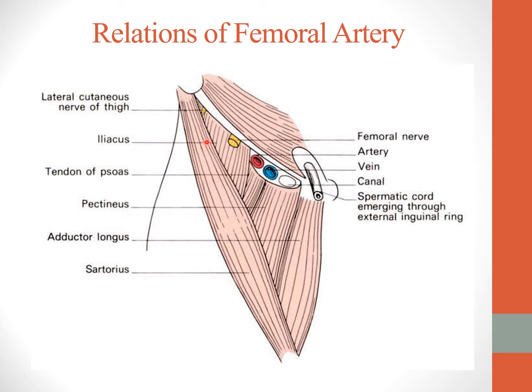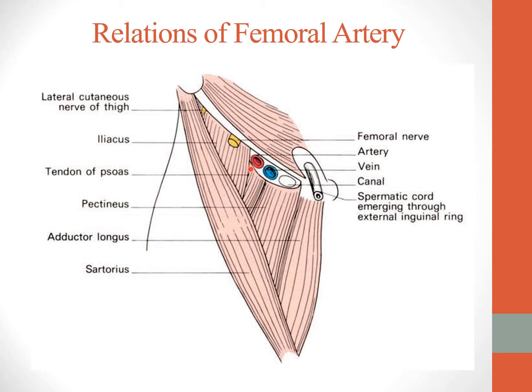If we talk about its relations, this is the anterior superior iliac spine and this is the pubic tubercle. So this is our inguinal ligament, and just below the inguinal ligament, you have already talked about the femoral triangle as well as the femoral sheath. This area is the femoral triangle, and over here we have a sheath which is known as the femoral sheath, and in the femoral sheath there are three compartments.